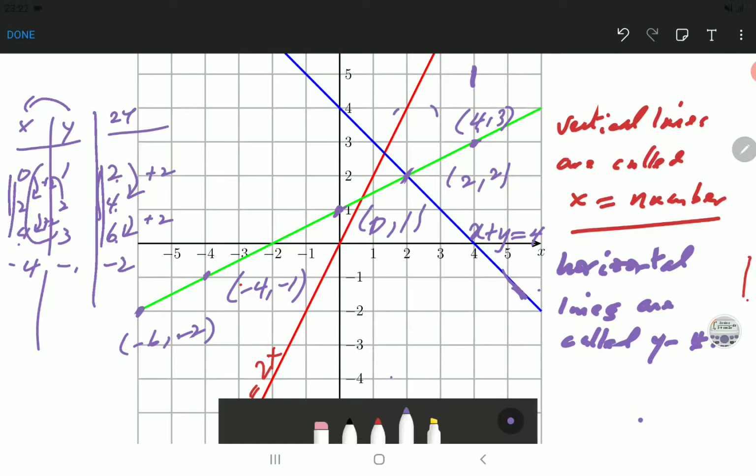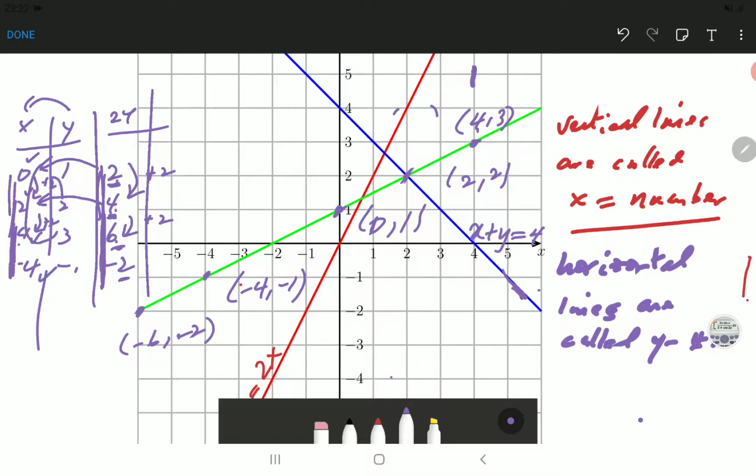You can see that from this one to this one, if we subtract 2 from these numbers, we get these numbers here. Because 2 minus 2 is 0, 4 minus 2 is 2, 6 minus 2 is 4, negative 2 minus 2 is negative 4.